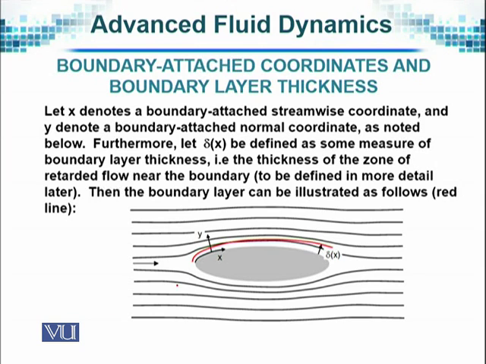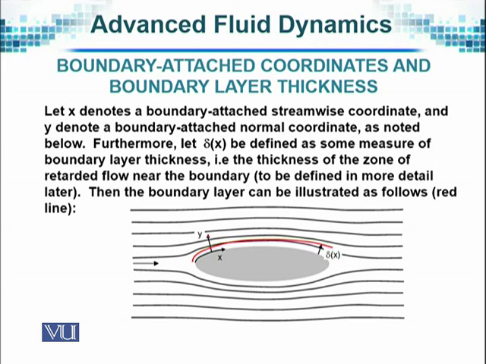Then again, the thickness of the boundary layer that we may call delta x, normally denoted as delta x, is shown here within the red line. Y and x are coordinates.